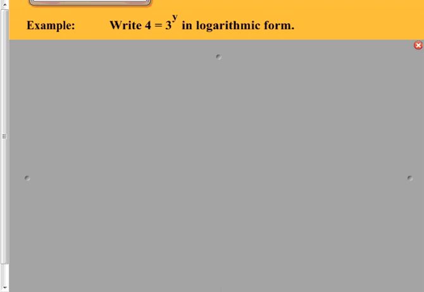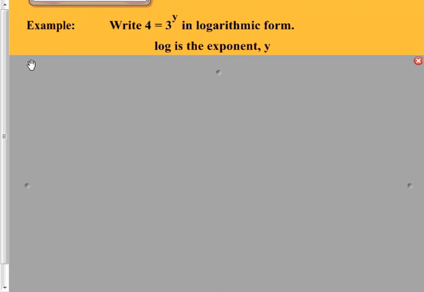Until you get used to this conversion back and forth, the best way to start is to identify the 3 different values, which value represents what, and then convert into the other format. So let's start here.